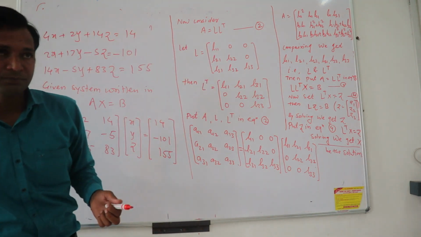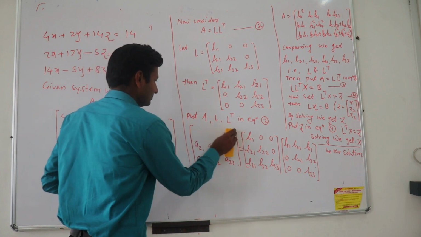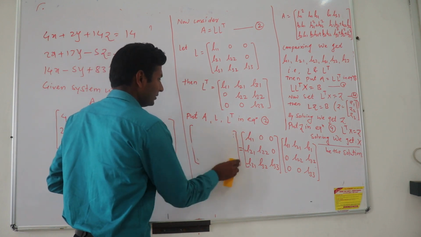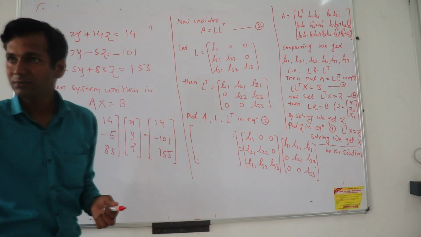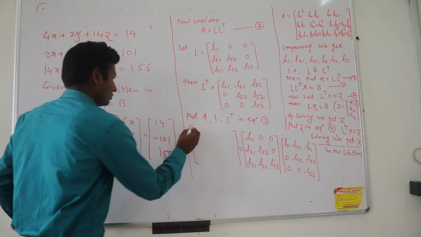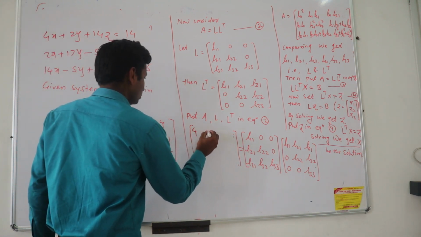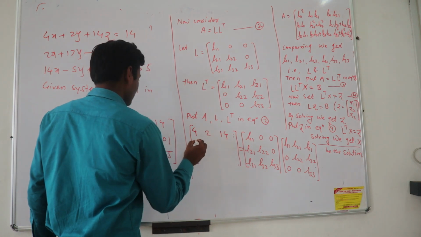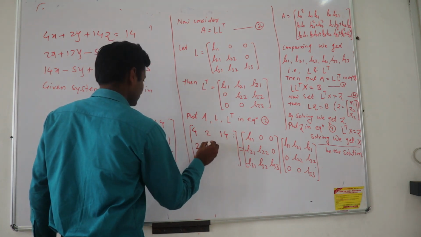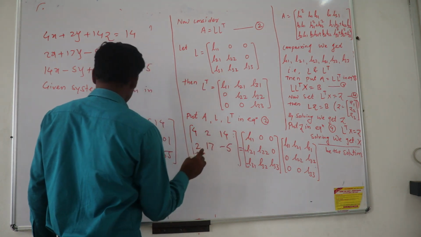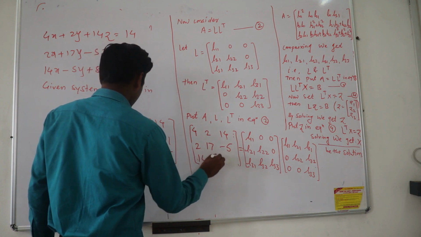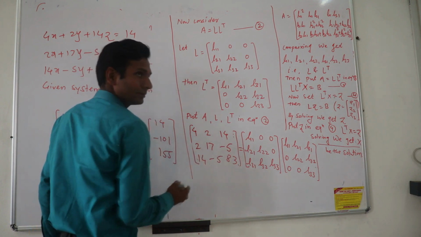Here I put matrix A, and the remaining L and L transpose matrices stay the same. So the A matrix is 4, 2, 14, 2, 17, minus 5, 14, minus 5, 83.